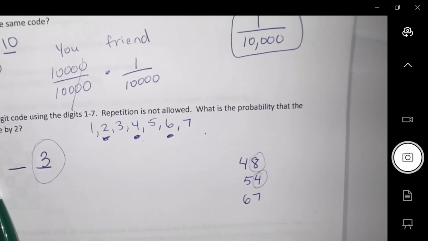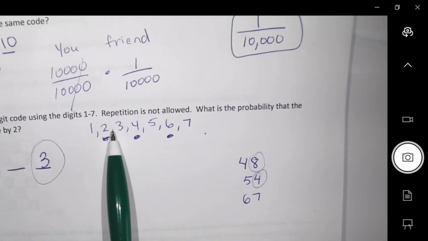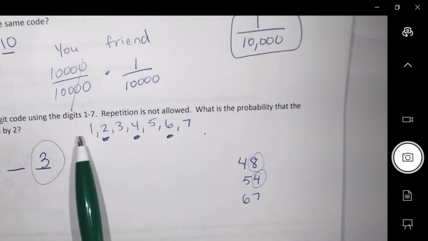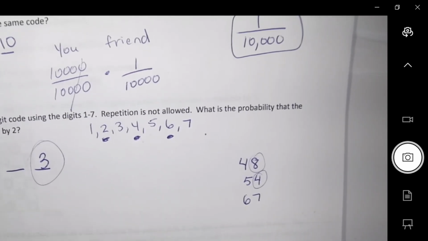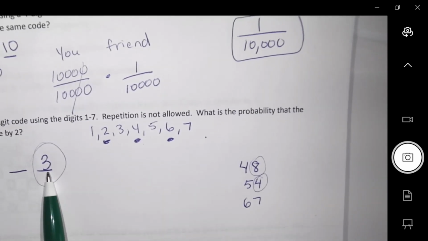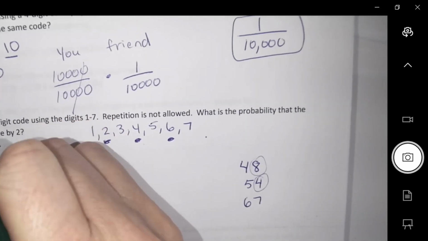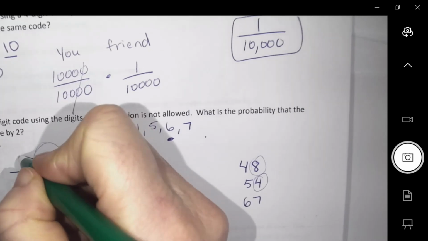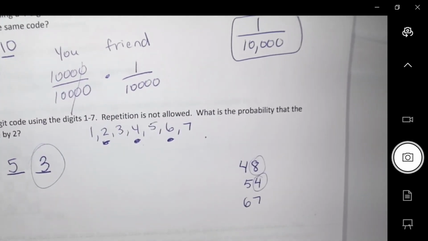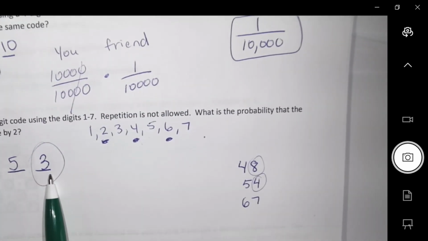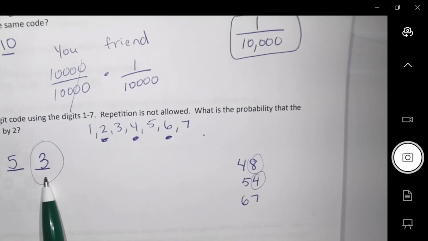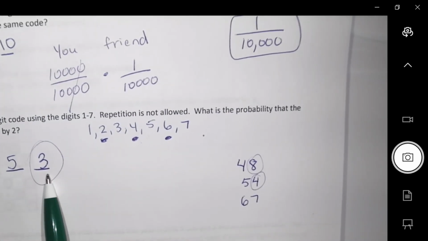So now how many options would you have in the first digit? 1, 2, 3, 4, 5, 6, 7. There's 7 items. And if you've already placed something there, now you have 6 and then 5. This just means I had 3 options, but I put something there. So I put one thing there.